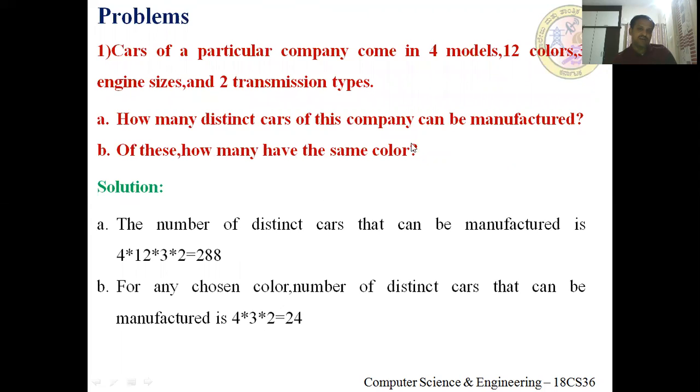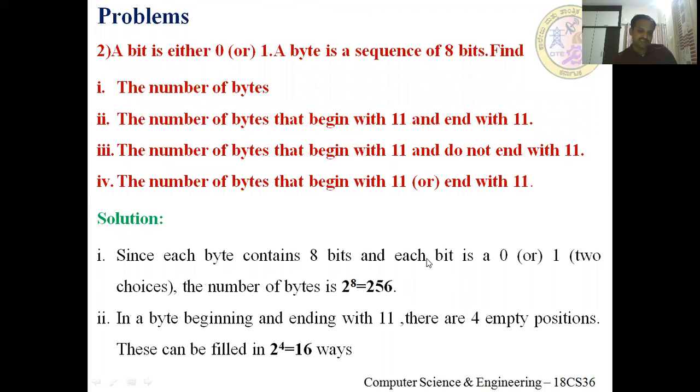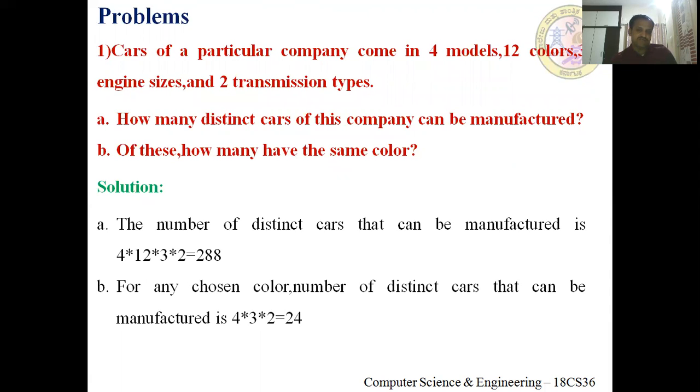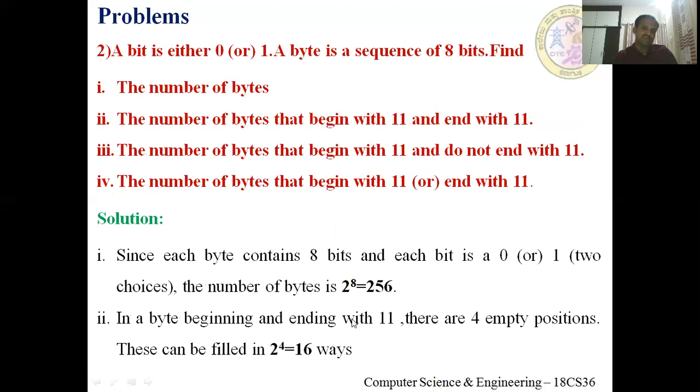Suppose you take any one color; after choosing the color, the different cars we can manufacture are with 4 models, then 3 engine sizes and 2 transmission types. Suppose you have 12 colors: color 1 with the 24 ways, similarly color 2 with the 24 ways, then color 3, like that up to color 12 with the 24 ways, thereby keeping color as the constant.